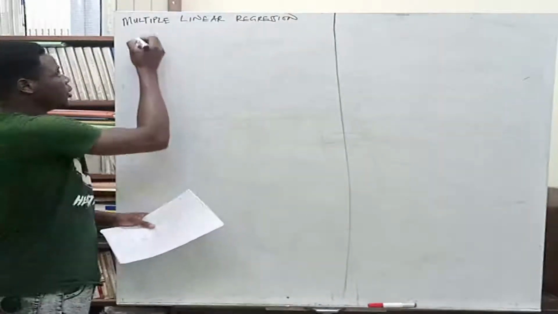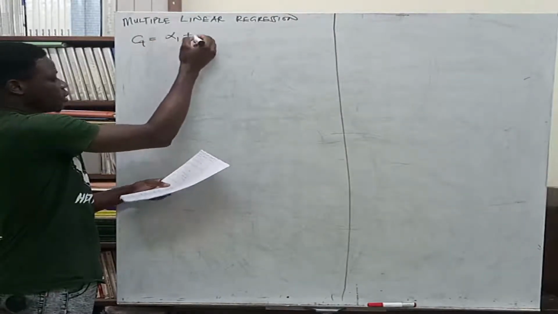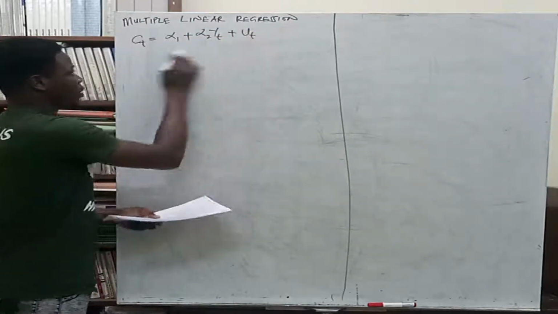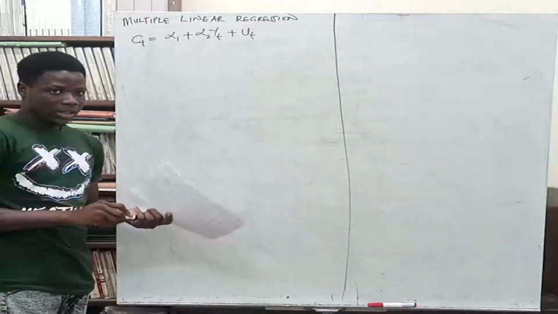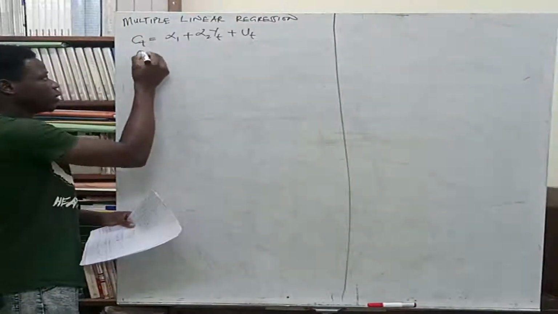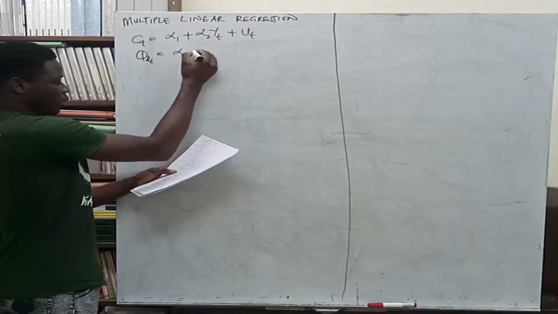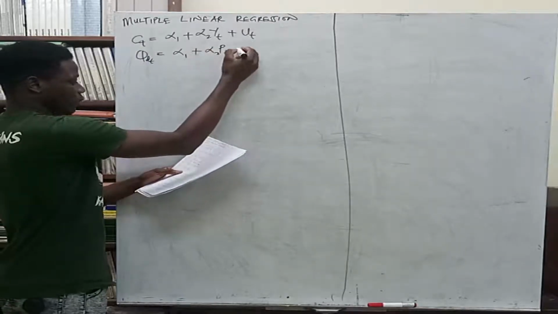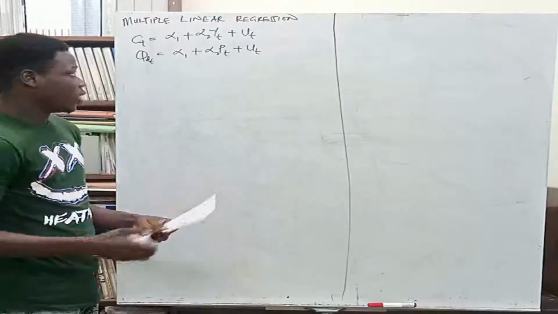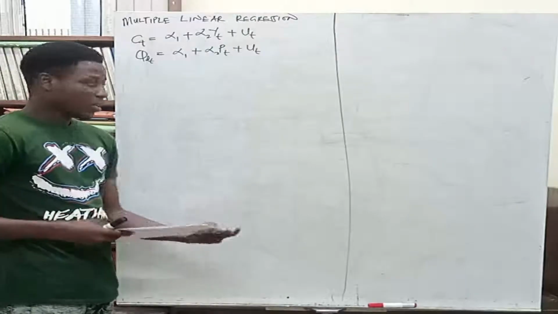For instance, in the consumption model, consumption depends on the income of the consumer, just like we have it here. That's the case of a simple linear regression. Then the demand model, where quantity demanded depends on the price of the commodity, is also an example of the simple linear regression model. Then our U here is a random error term.